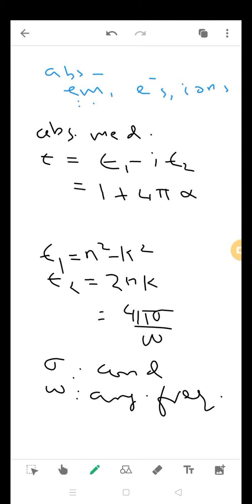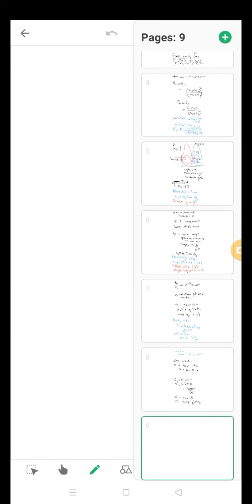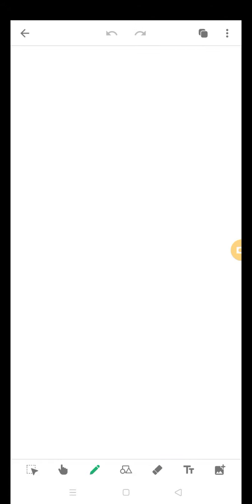Now there are other relationships connecting the dielectric constants with optical constants.